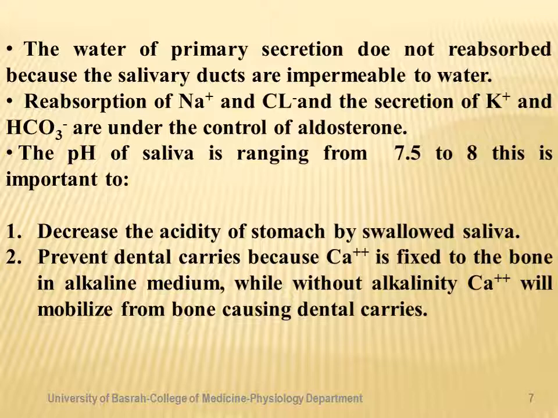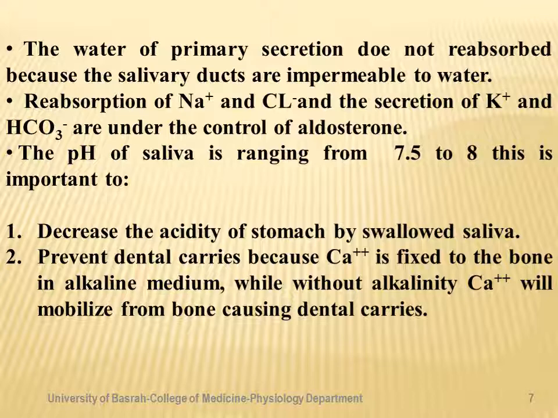The pH of saliva ranges between 7.5 and 8, which gives us an idea that the saliva is alkaline in nature. This is very important because it decreases the acidity of the stomach, since we have continuous swallowing of saliva, and the saliva we swallow goes down to the stomach, so it can create some sort of equilibrium and reduce the acidity of the stomach. It also prevents dental caries because calcium is fixed to the bone in an alkaline medium.